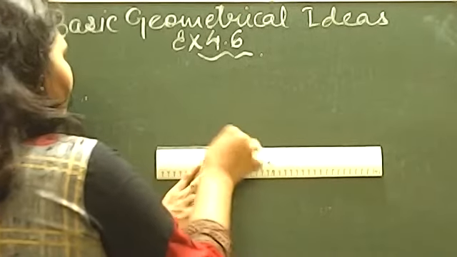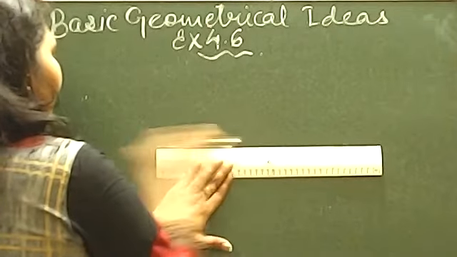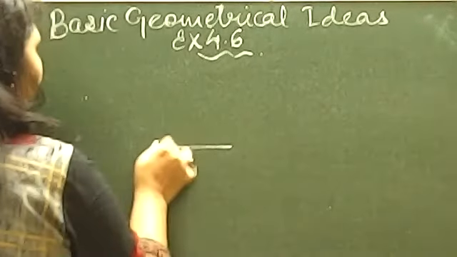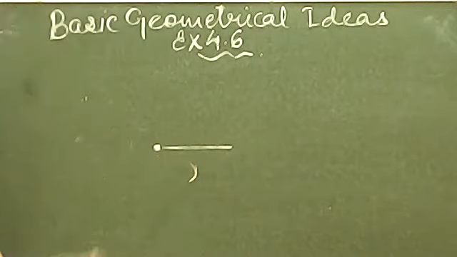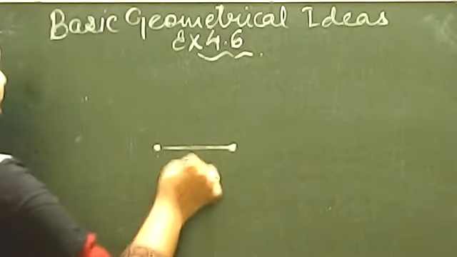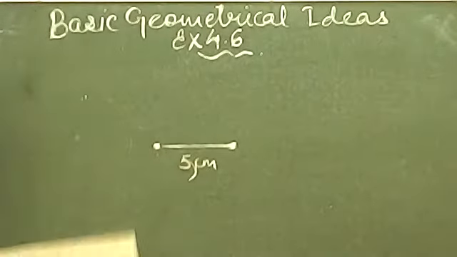Please draw a line of 5 centimeters with the help of the scale. These are the 2 points because we are making a line segment. This is of 5 centimeters. I have drawn this, please you also draw this.